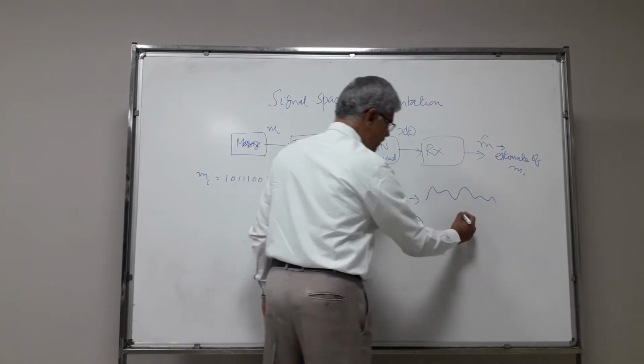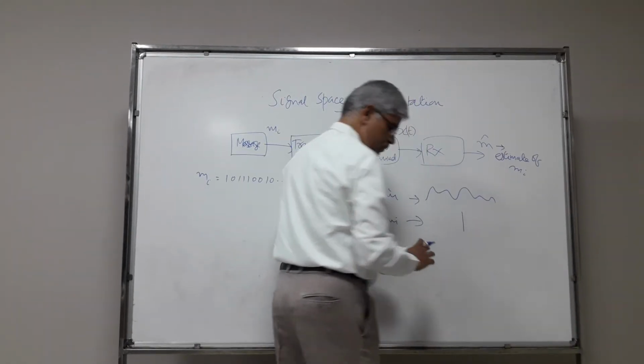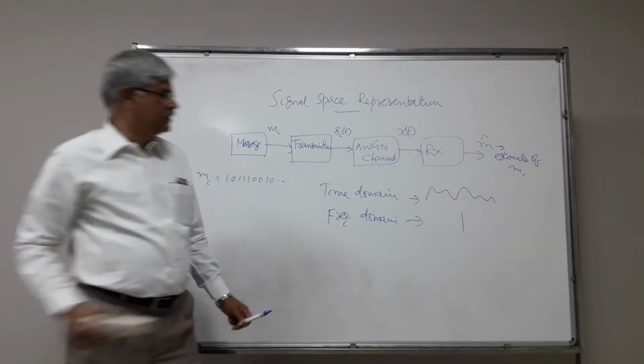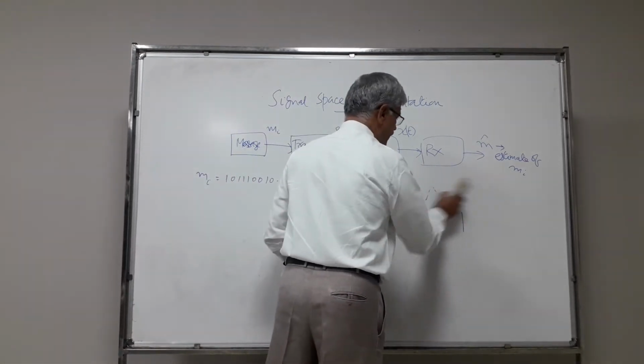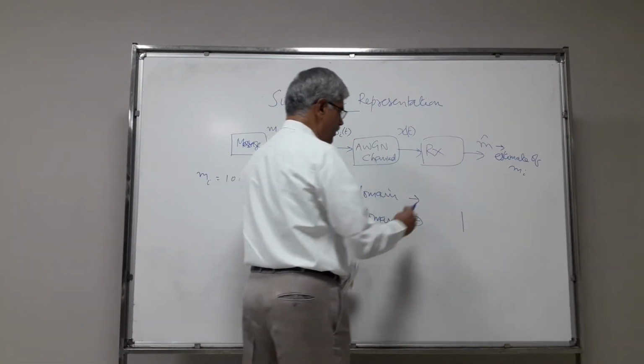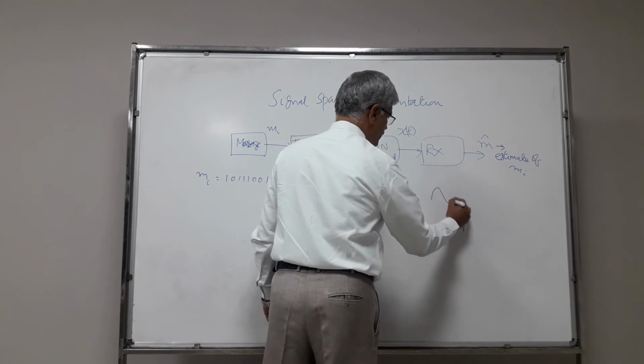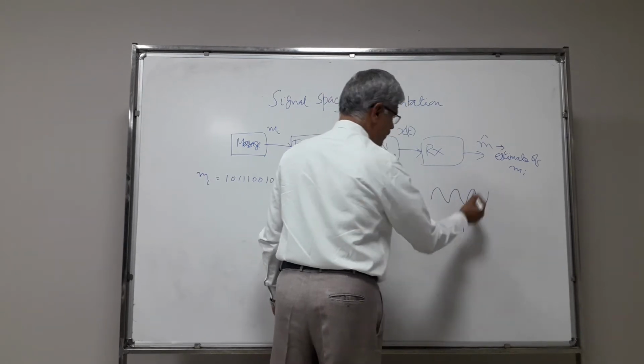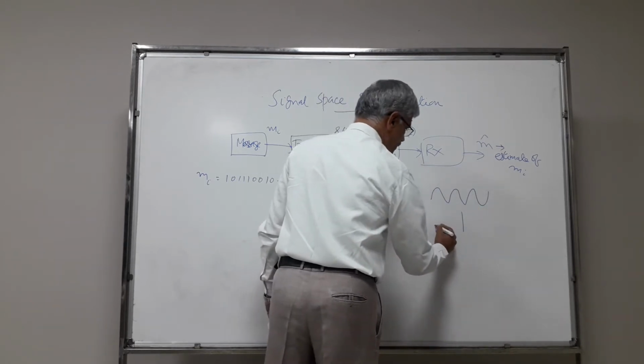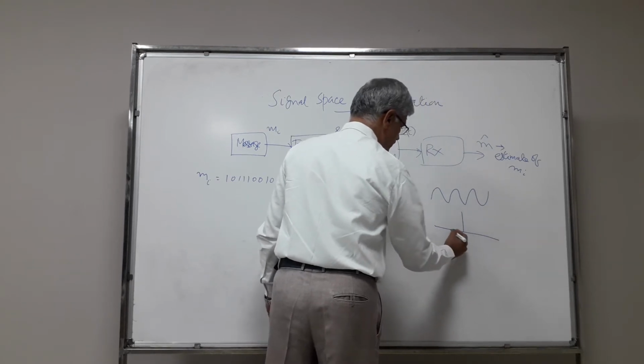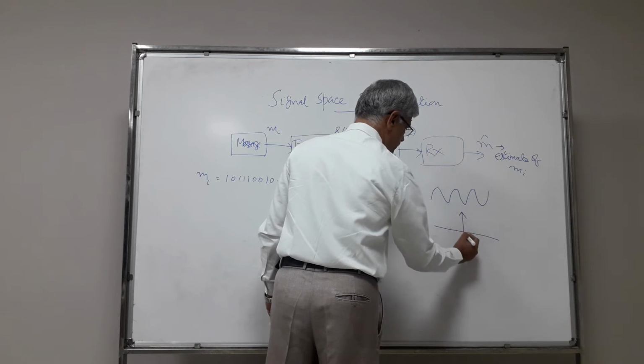the same waveform. For making things clear, I will assume a sine wave here. In time domain, a sine wave of this nature. Okay, one frequency. In frequency domain, let us say this is 0.